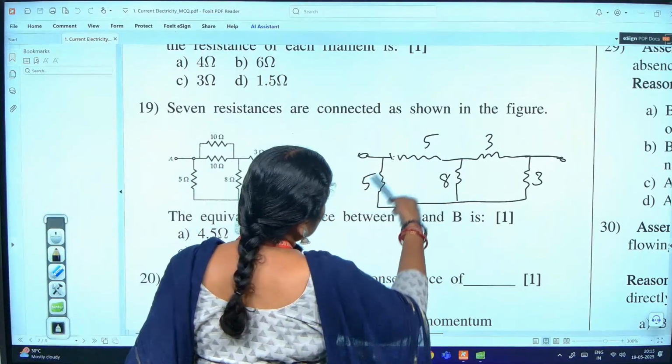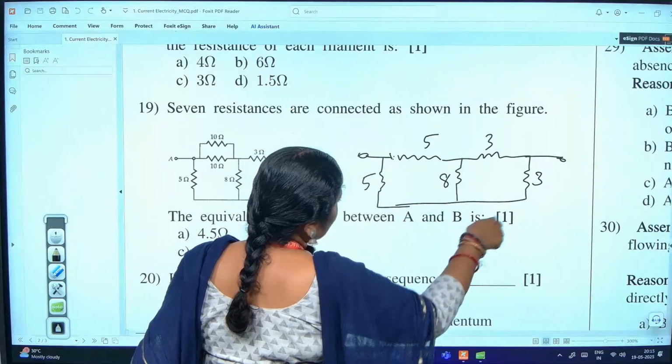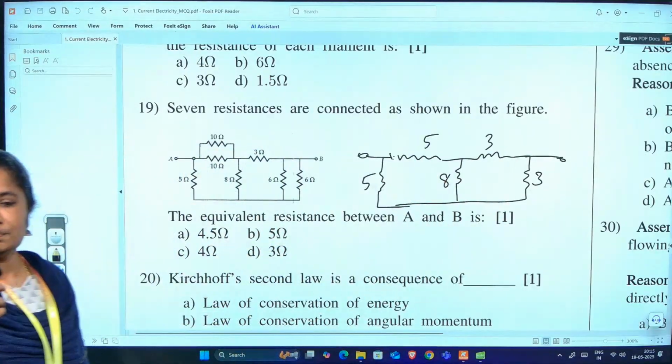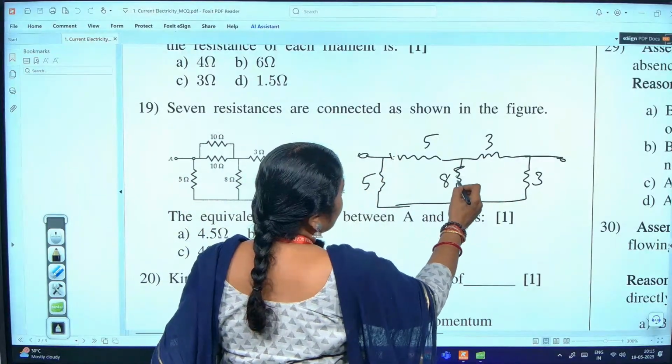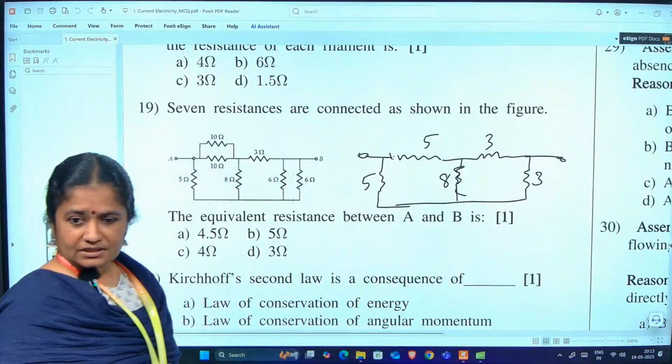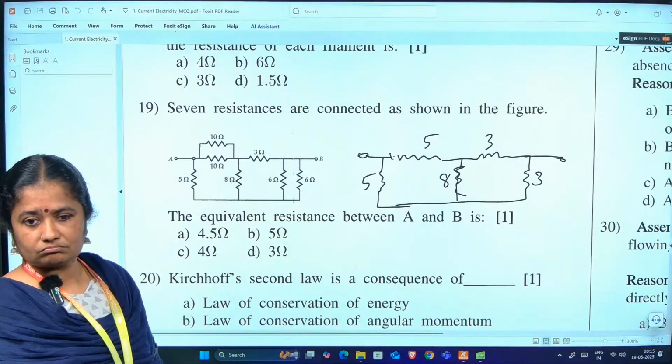Now after this, see these 4 resistors obey the Wheatstone balancing condition. 5 by 5 is equal to 3 by 3. So no current will flow through this 8 ohm resistance.